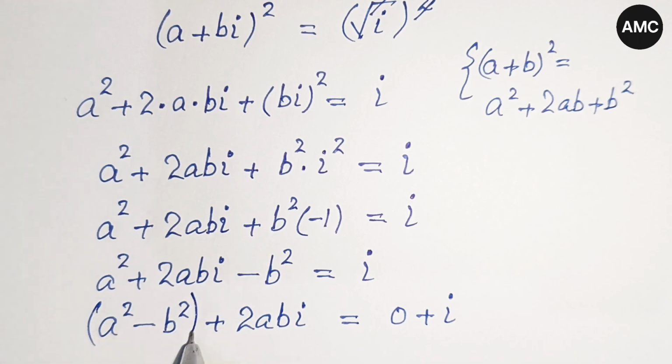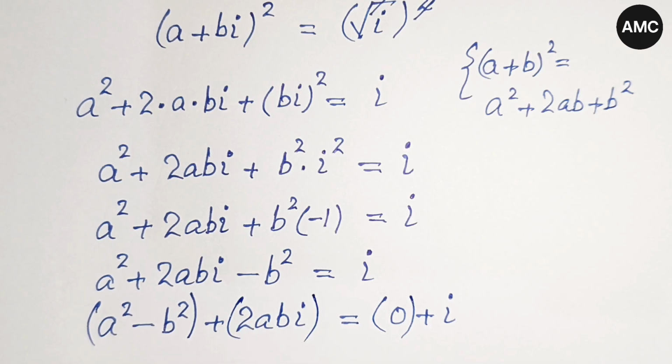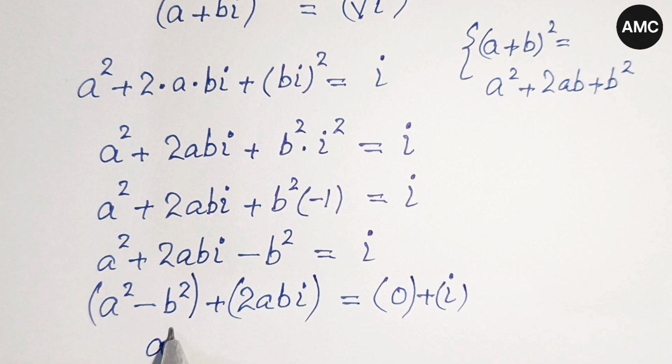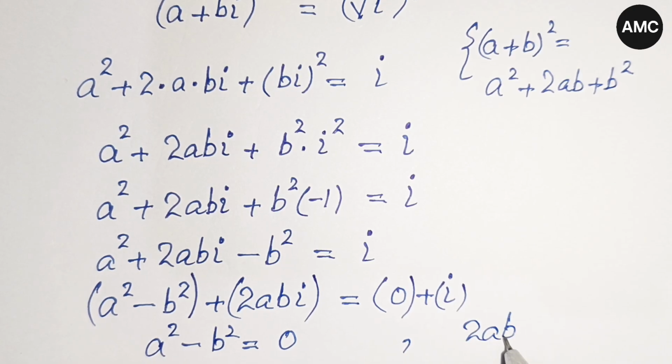Here it is the real part and 0 is the real part. So we have imaginary on our left hand side and imaginary on our right hand side. So if we compare the real and imaginary parts, we get a squared minus b squared is equal to 0, and similarly our imaginary part 2ab iota is equal to iota.